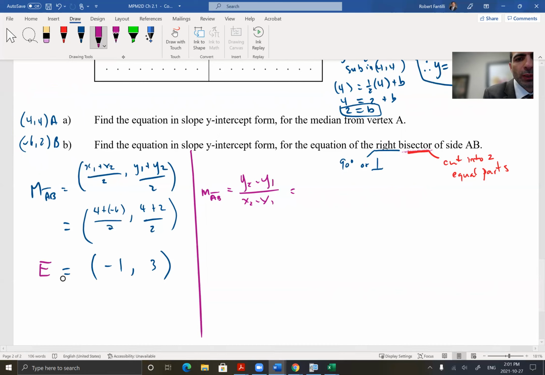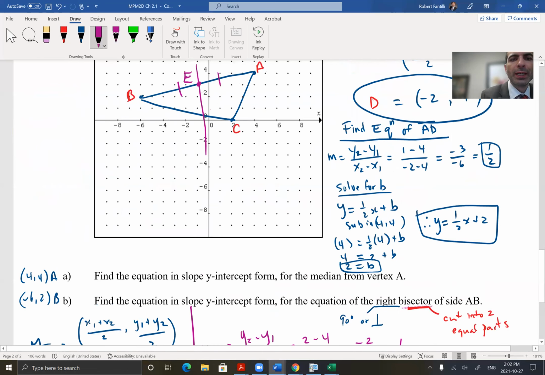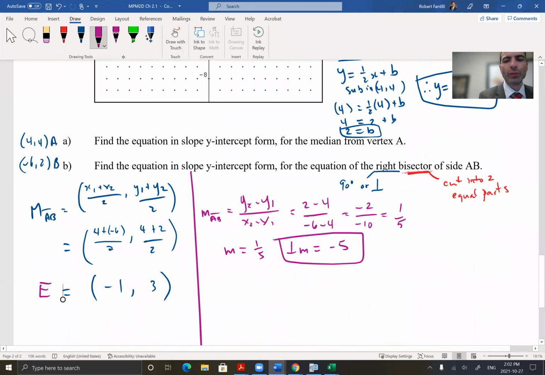Y2 minus y1 is 2 minus 4, and x2 minus x1 is negative 6 minus 4, which equals negative 2 over negative 10, which is 1/5. So the slope is 1/5. If the slope of line AB is 1/5, the perpendicular slope is the negative reciprocal, which is negative 5. So that's what we want.